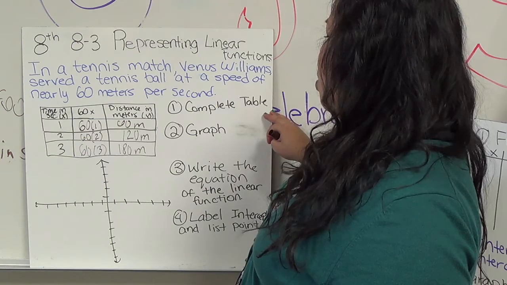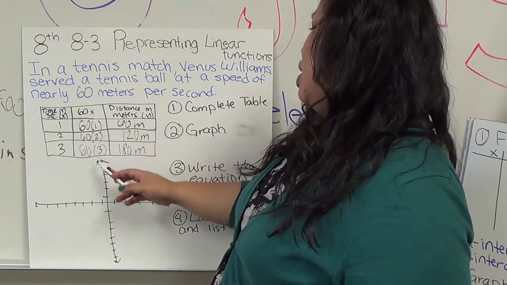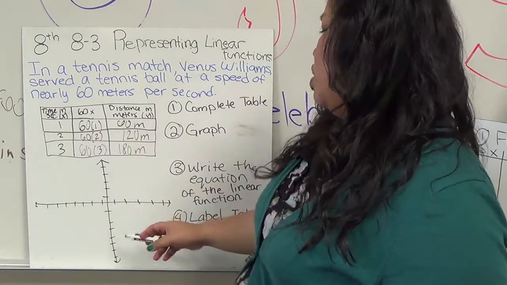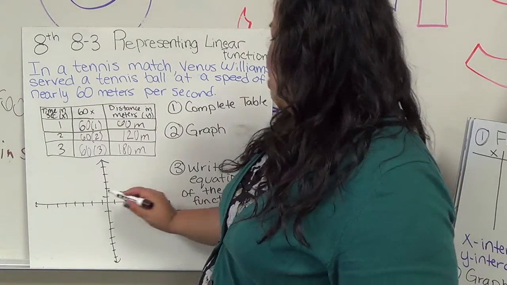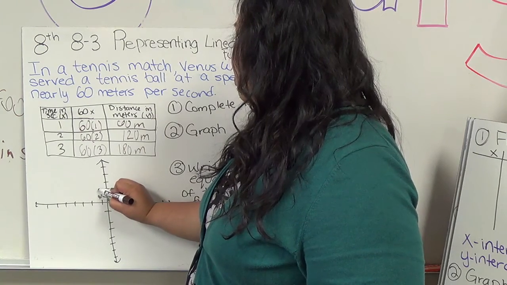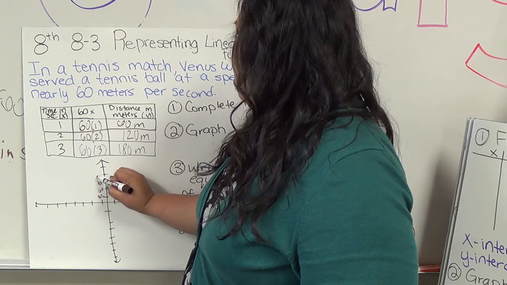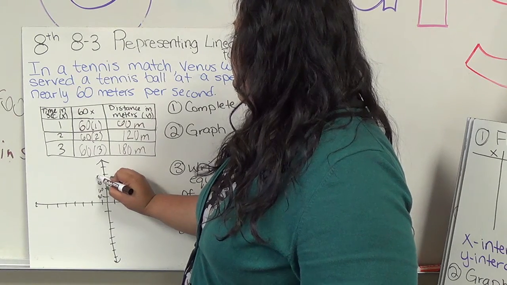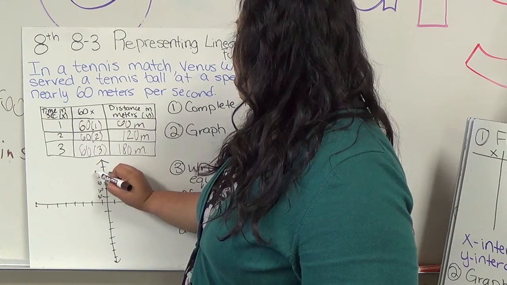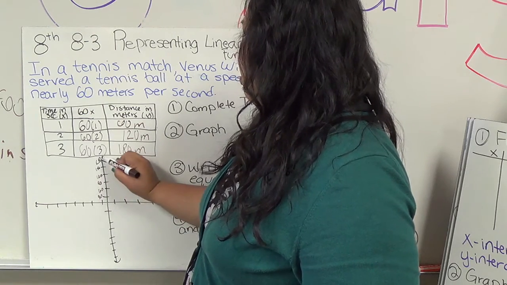And then if we were to graph this, these values are 60, 1, 2, 3, so I can go 1, 2, 3. But let's make these worth 30 each. So this is 30, 60, 90, 120, 150, 180.